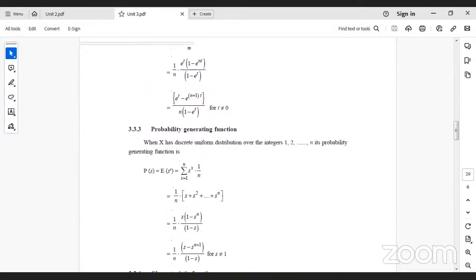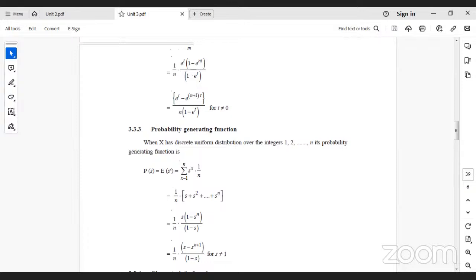Probability generating function. When x has a discrete uniform distribution over the integers 1, 2, 3, and so on to n, the probability generating function is P of s is equal to E of s power x, the summation of x from 1 to n of s power x times 1 by n.